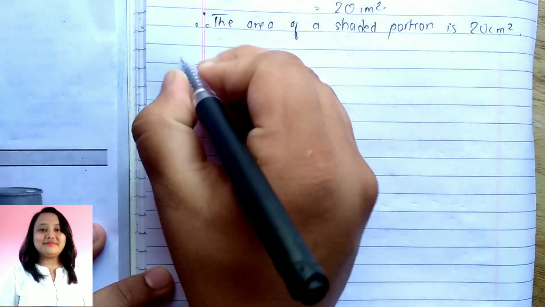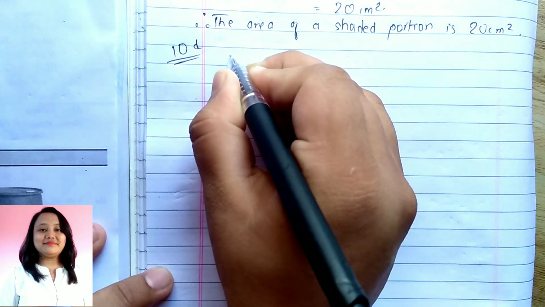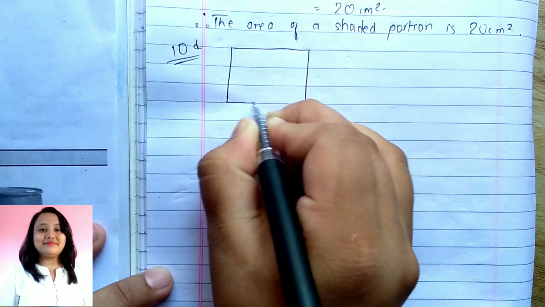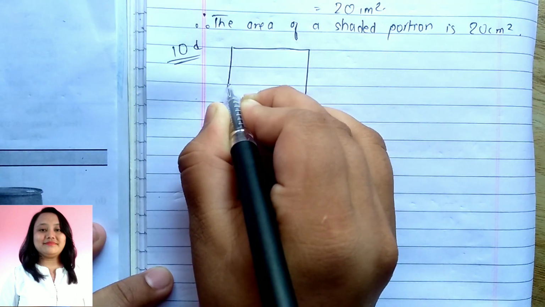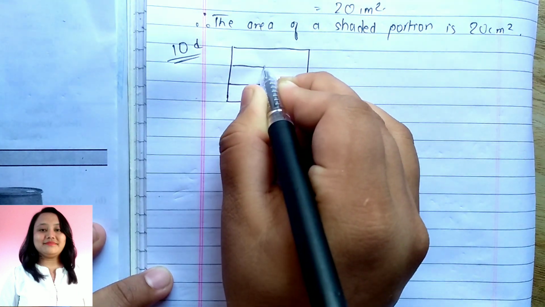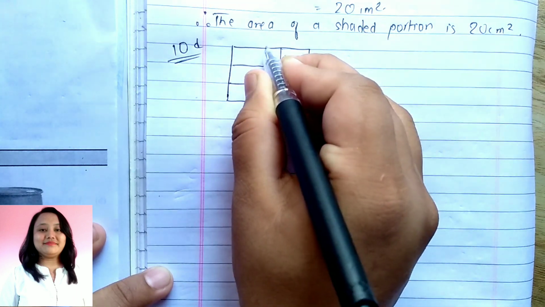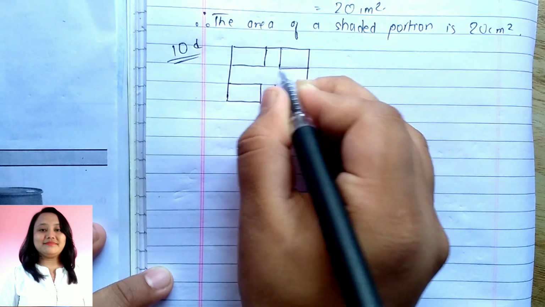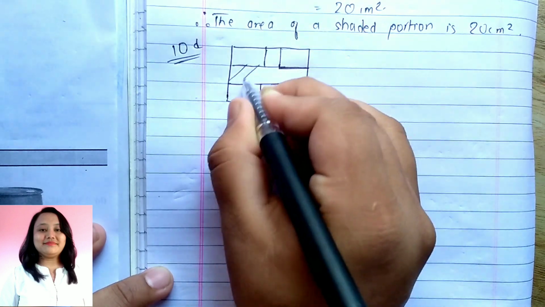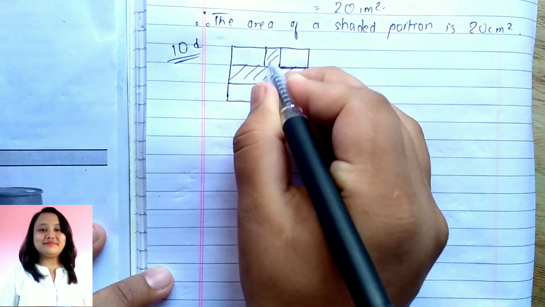Let me draw the figure of 10D. It is given like this, in such a way that it looks like a plus. This is one rectangle, and another rectangle is this one.